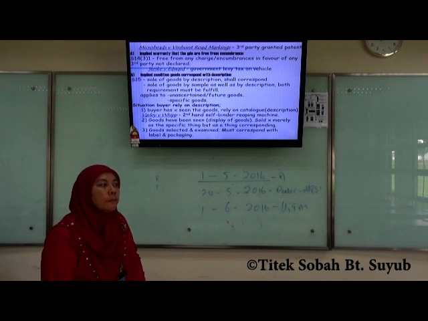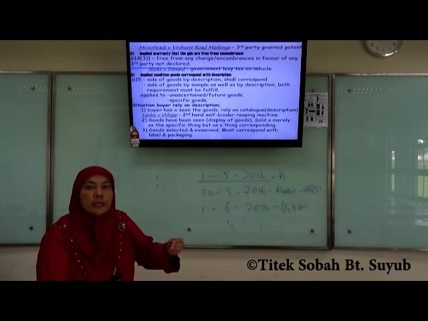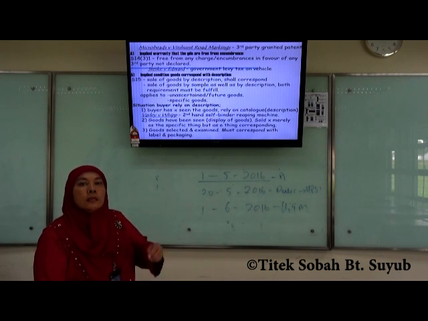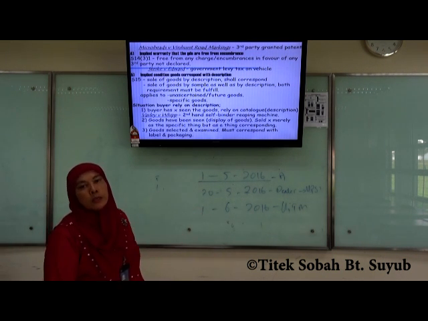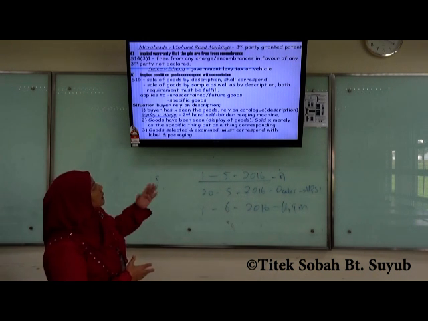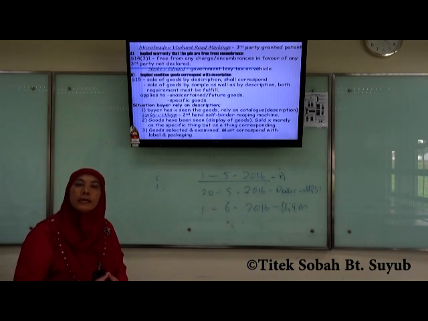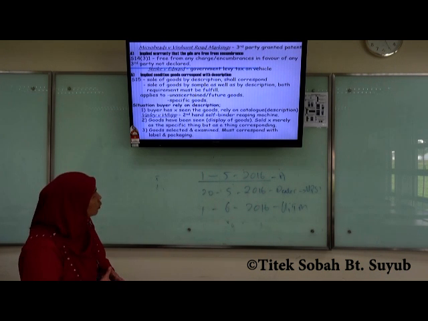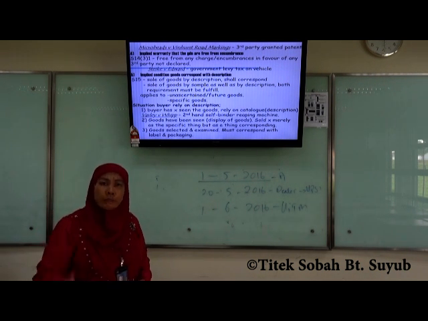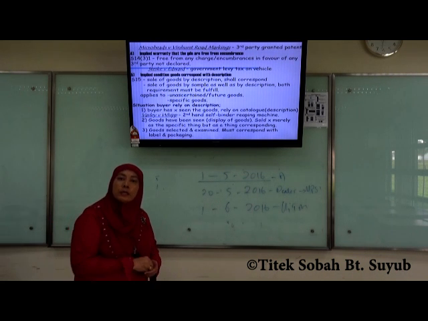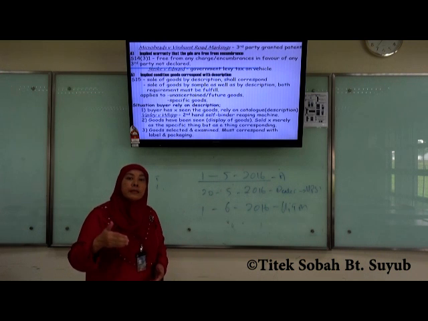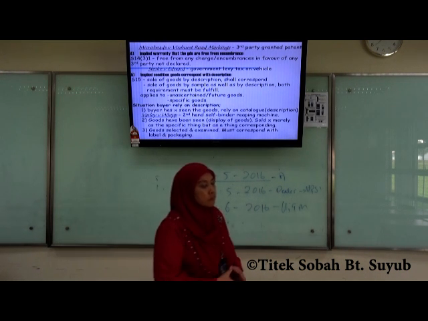So meaning the buyer did not see the goods personally. What the buyer sees is only the description of goods which is put there by the seller. So that's why we said that this is when goods are bought through description. So if this is how goods are being bought, then the goods need to correspond with the description which has been seen by the buyer.